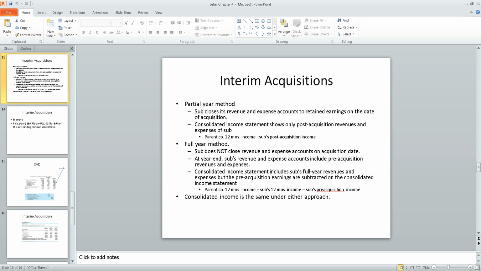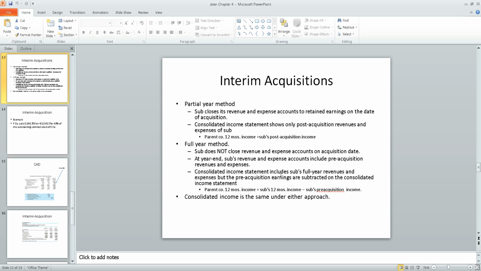Under the full year method, it's a little more complex. The sub does not close their revenue and expense accounts on the acquisition date, and so at the end of the year, the consolidated income statement includes the sub's full year's revenue and expenses, not just the revenues and expenses that occur post-acquisition.